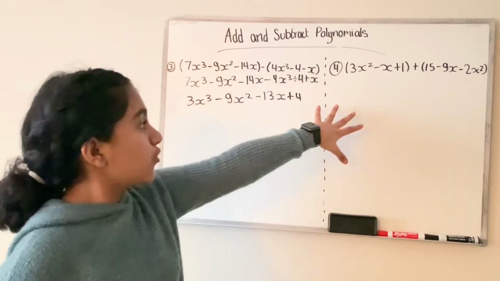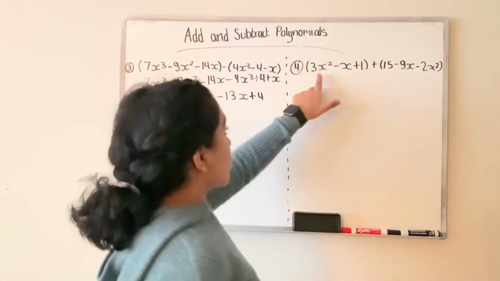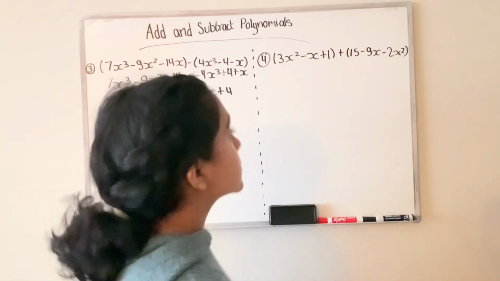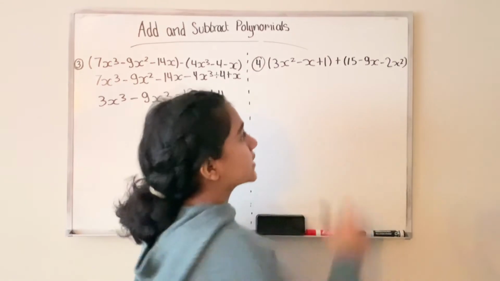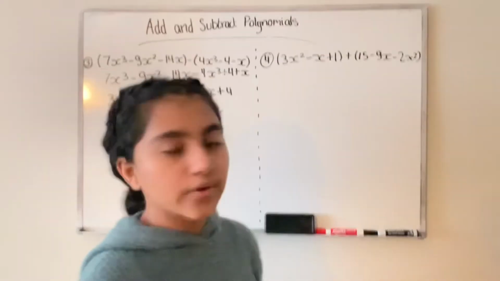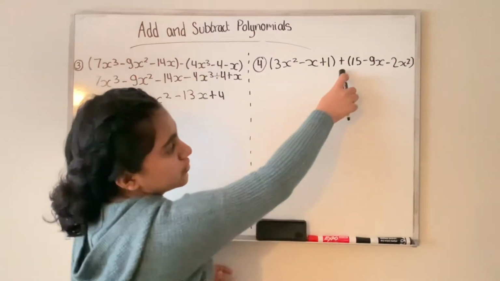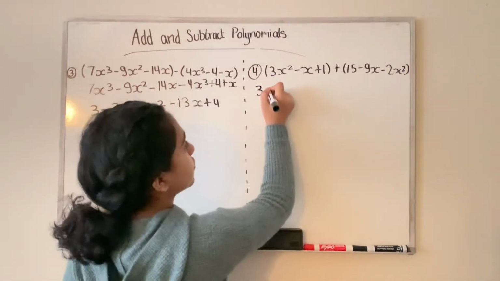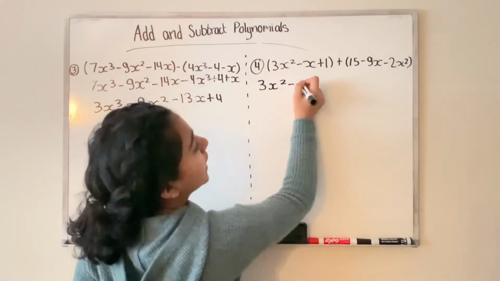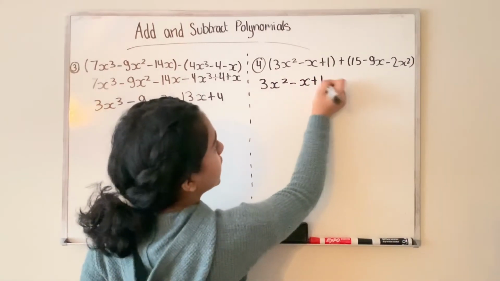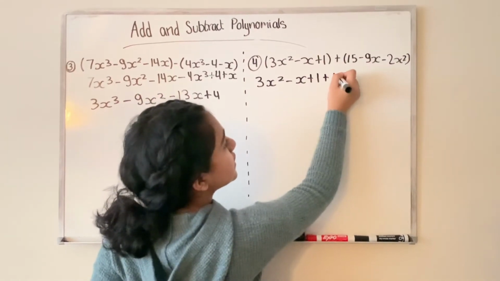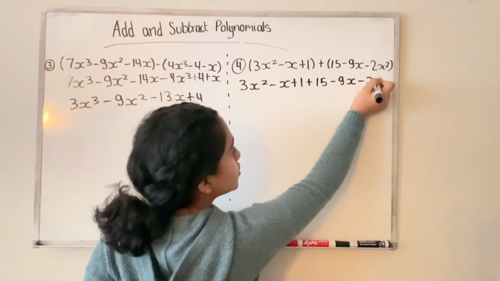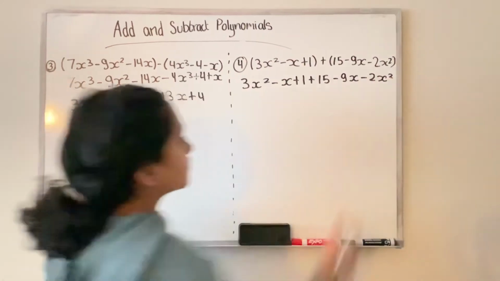So now our fourth question says 3x squared minus x plus 1 plus 15 minus 9x minus 2x squared. You would not have to distribute the positive since it's the same thing. So just rewrite everything: 3x squared minus x plus 1 plus 15 minus 9x minus 2x to the second power.